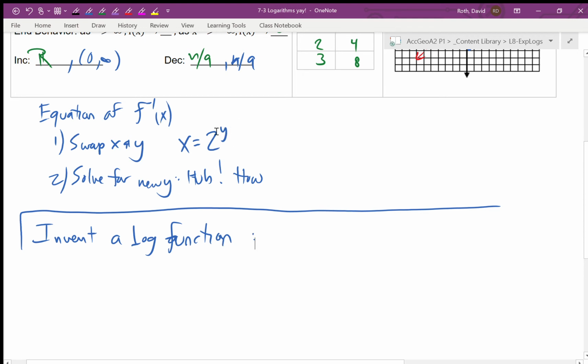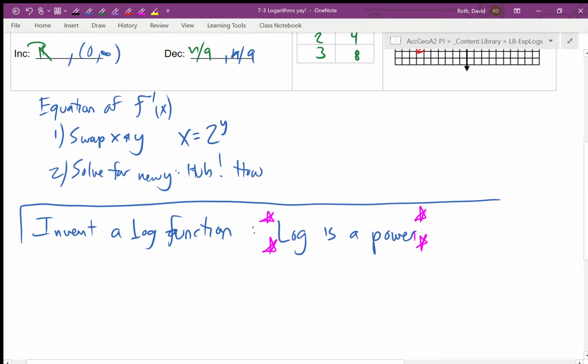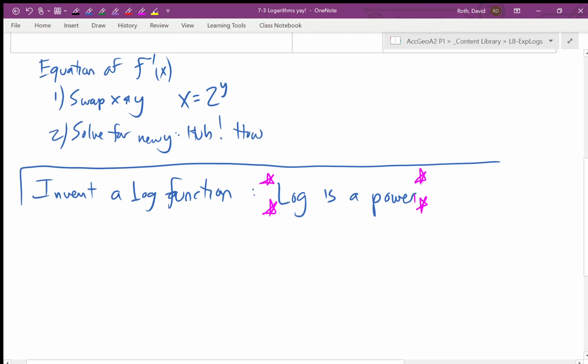And y is a power. So as we do this, it's very important to remember a log is a power. I'll circle that and put pink stars around it. That's really important. It has all the properties of a power. We'll see that as we go through this.